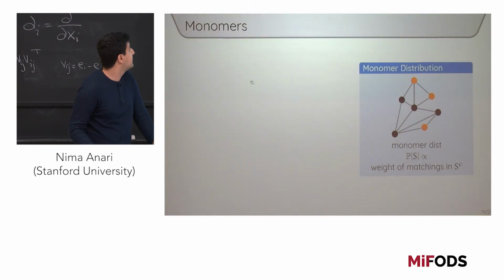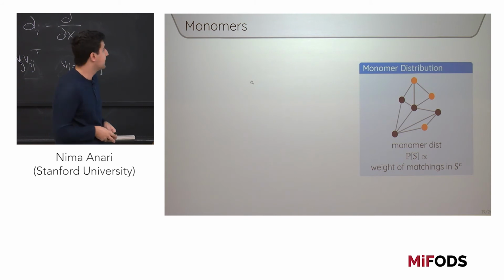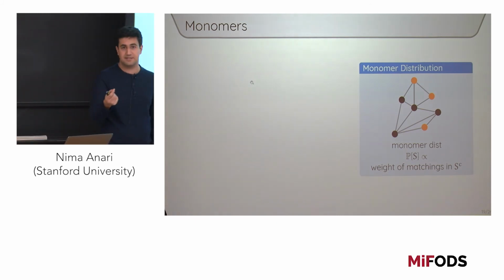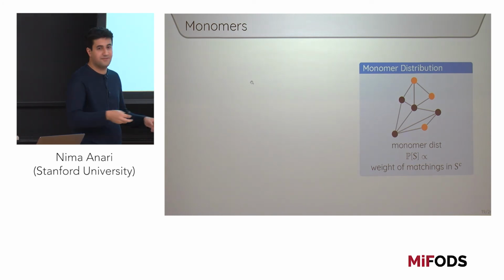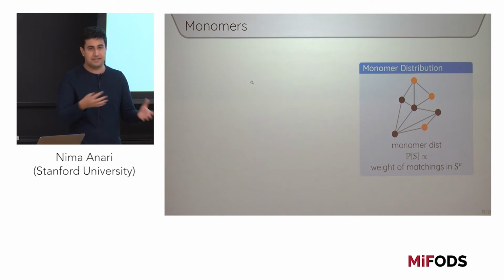Okay. All right. So now let me just go to the monomer-dimer distribution, which is the last example. So in the case of monomers, as a reminder, the monomer-dimer distribution is on subsets of vertices of a graph, where the probability of a subset is proportional to the weight of matchings in the complement of that subset, right? Or equivalently, you can think of it as sampling a matching and then projecting onto the complement of the matching.